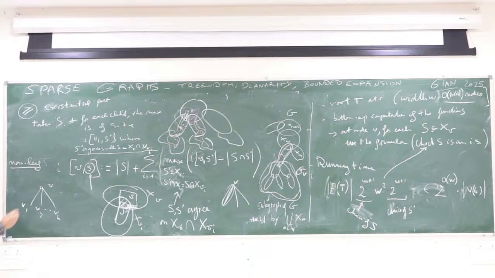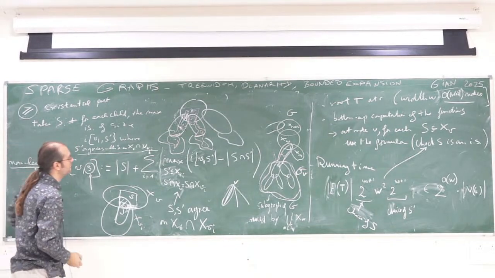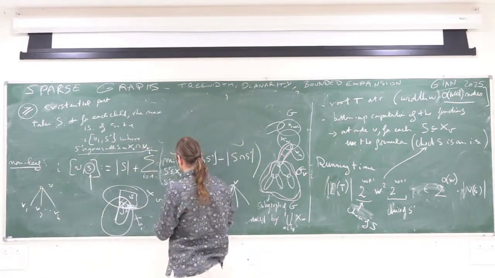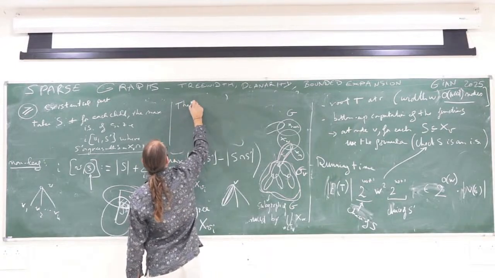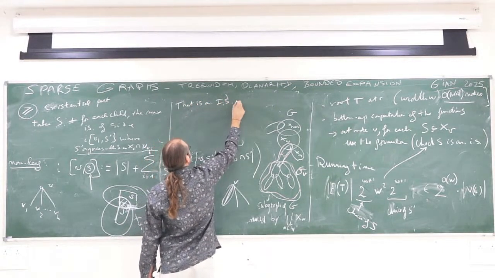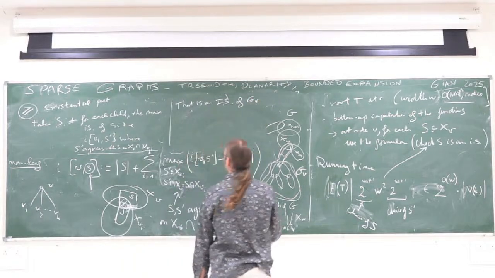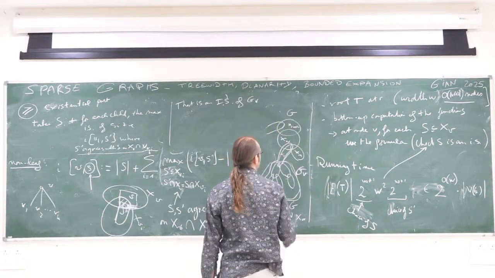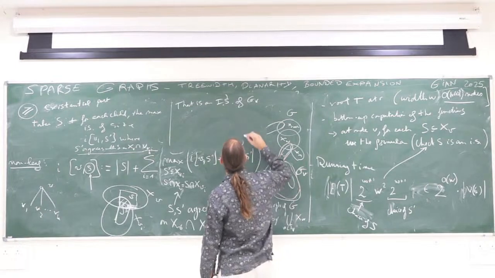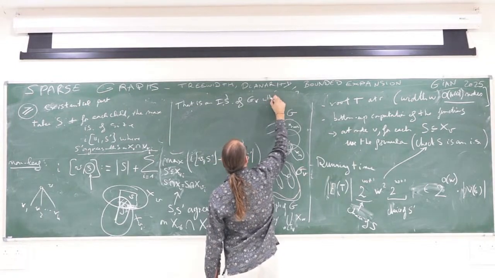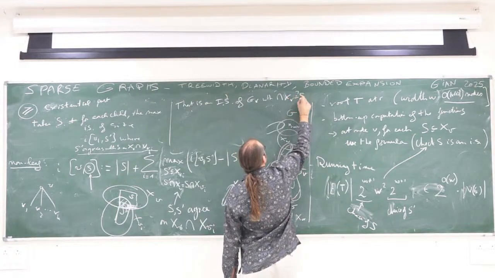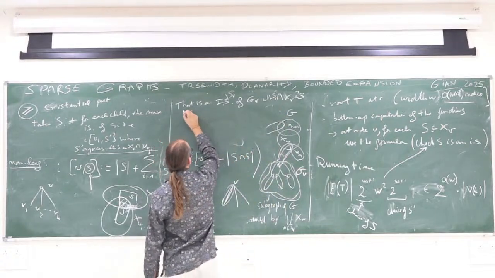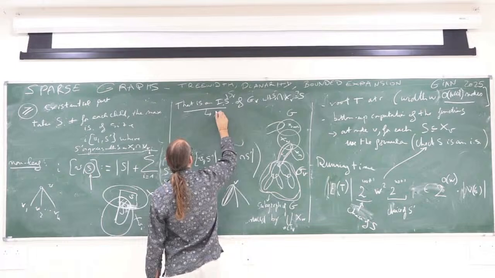So this is an independent set of GV which intersects XV exactly in S, and this follows from the separation.